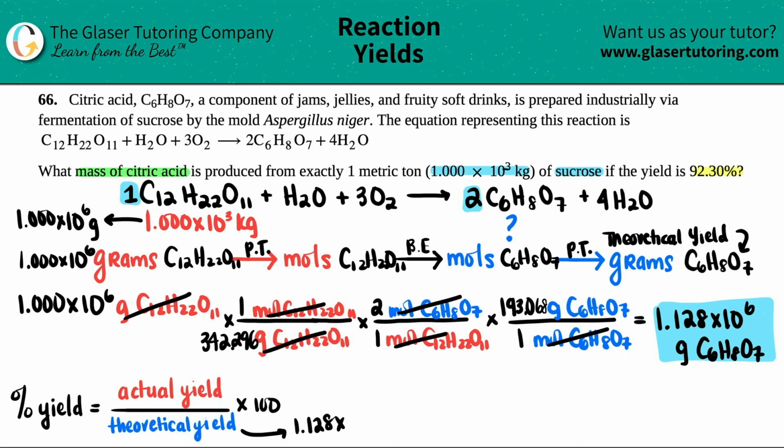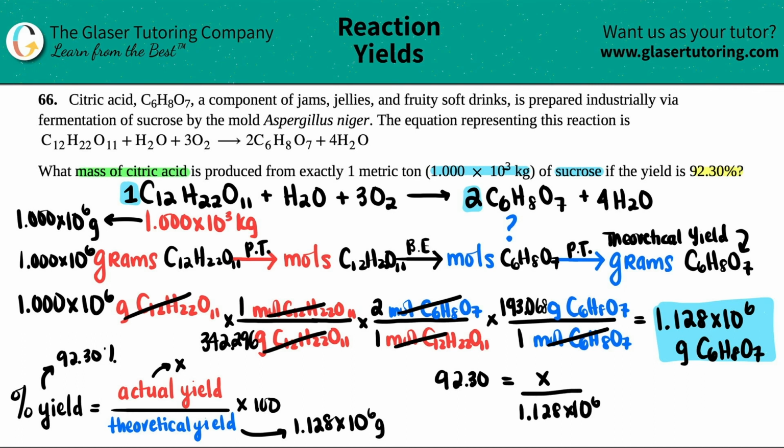So this is 1.128 times 10 to the 6th grams. They told us the percent yield was 92.30%. So basically they're just asking what x is. So 92.30 equals x over 1.128 times 10 to the 6th and then times 100. Okay, cool. So just divide by 100.